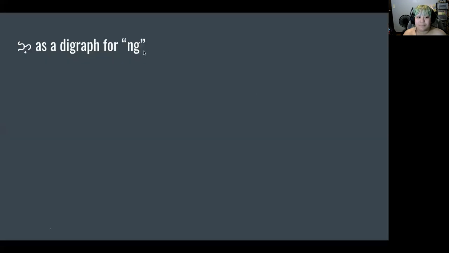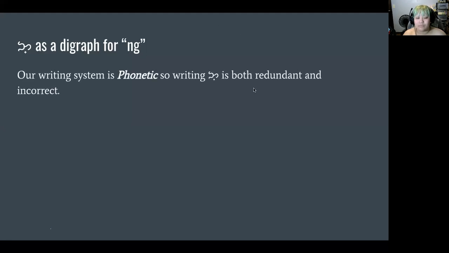Here, this is the most common mistake people make, using this character to represent the digraph nang. So we would never do this because the language itself is phonetic. So our writing system is phonetic. So writing this will be both redundant and incorrect.